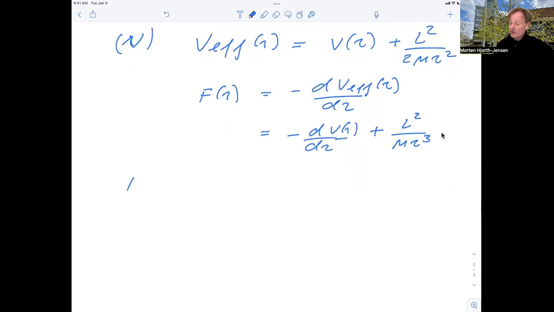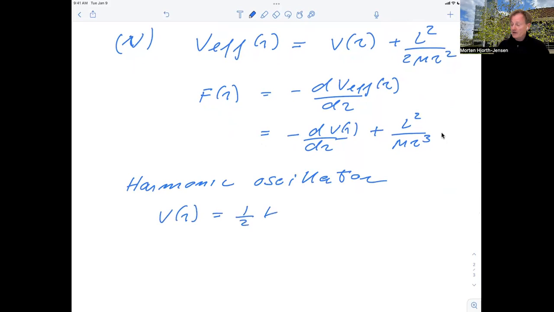So if we now switch to the harmonic oscillator, we're going to use this as a warm-up case for what is going to come with the gravitational force. So in the harmonic oscillator, what we have is a potential V of r, which is given by 1/2 of k, our constant, times r squared. And this is the same as 1/2 of k times x squared plus y squared.